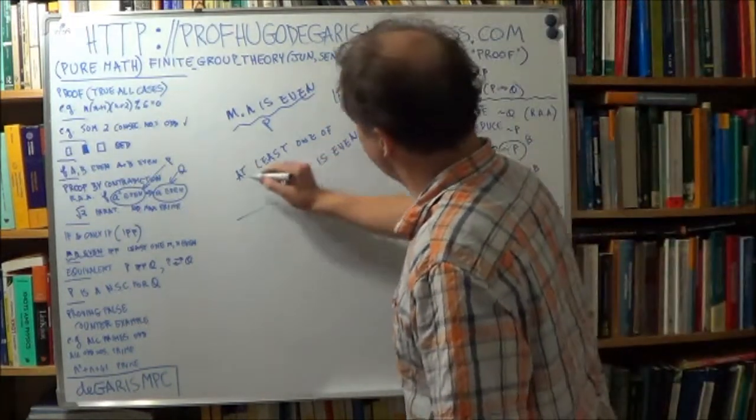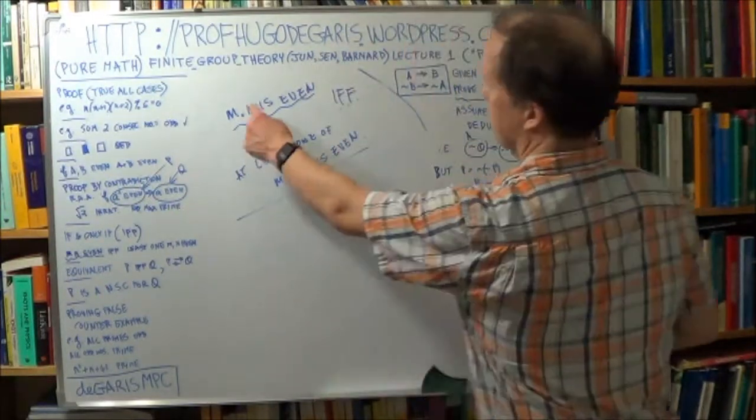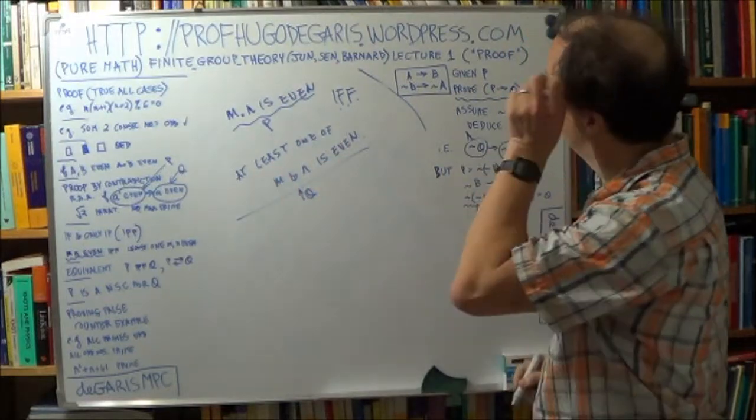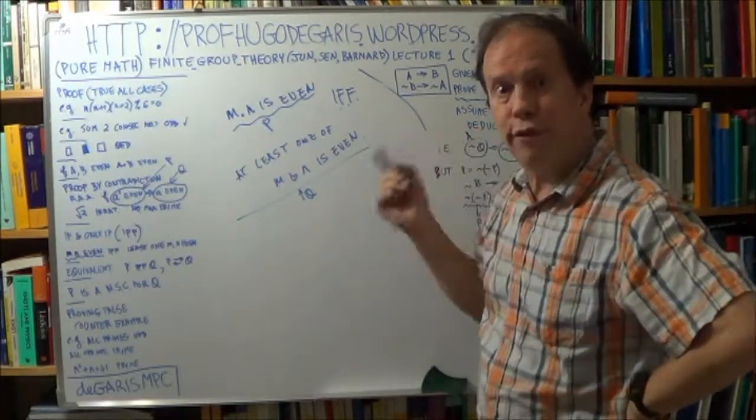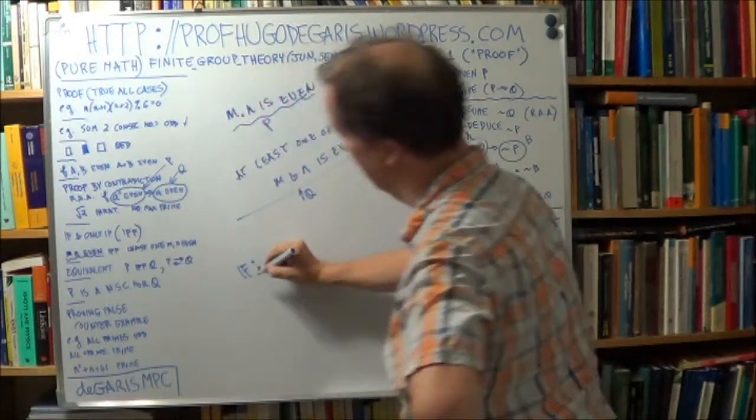And let's call that statement Q, right? So this is P and that's Q. All right, let's do the if. Usually, start with the if statement first, the if case.